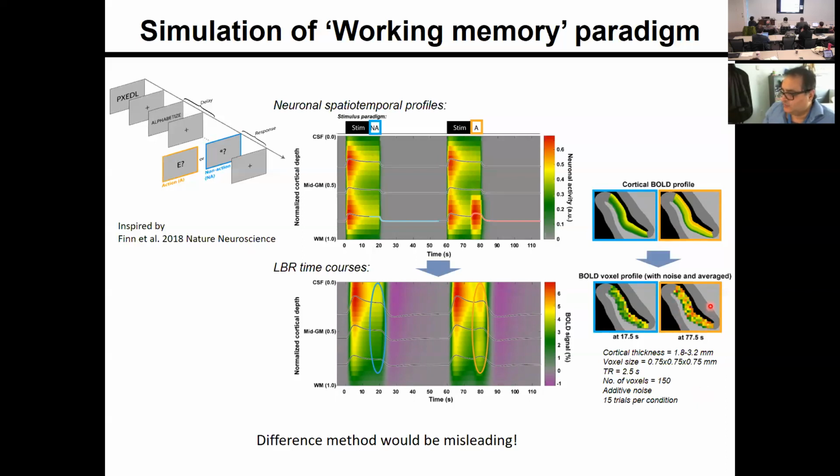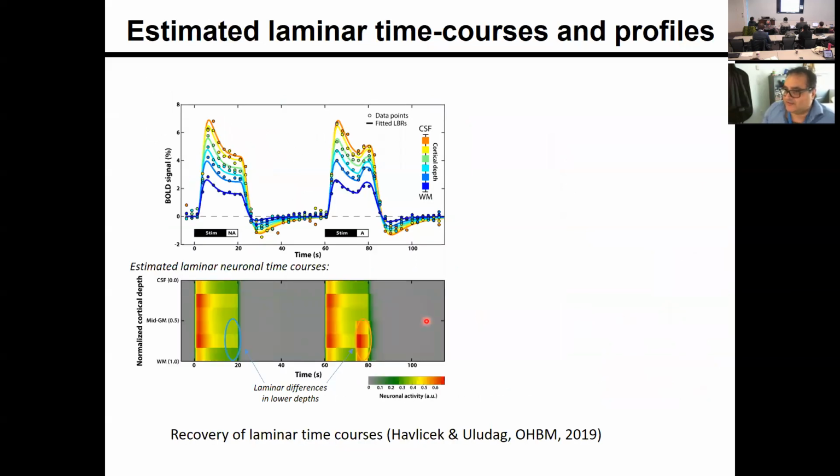However, if we then take this data and do model inversion based on our model, what you get is first, I will not go too much into depth with the time course, but data points generated are in circles, and the fitted data is the solid lines. We can actually recreate the entire time course relatively well.